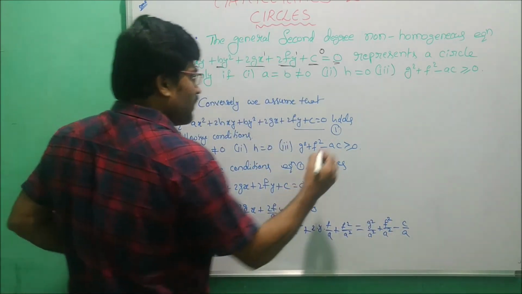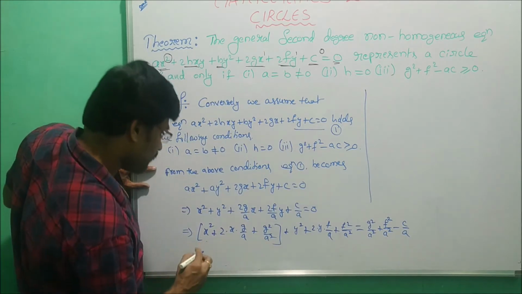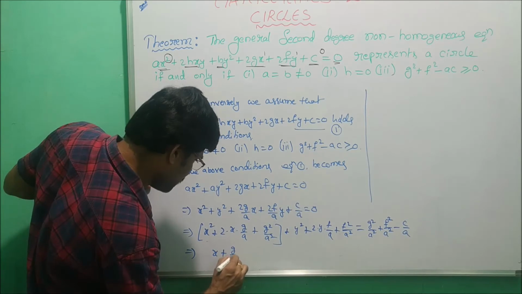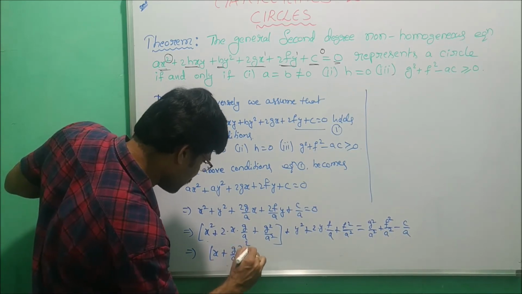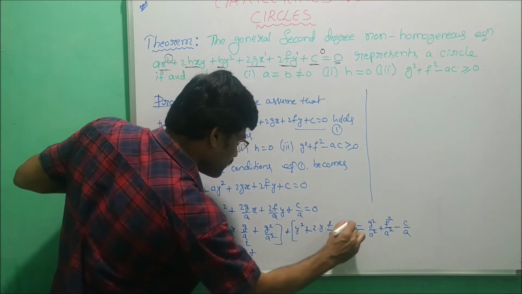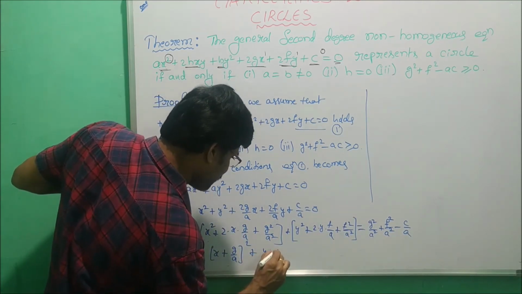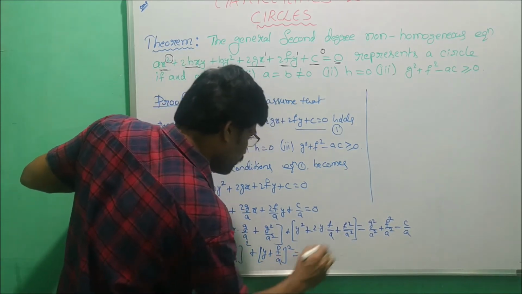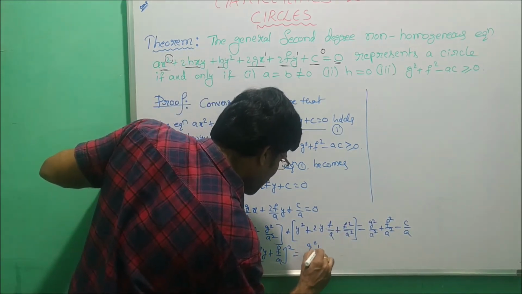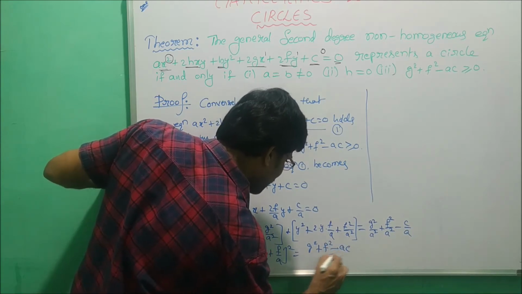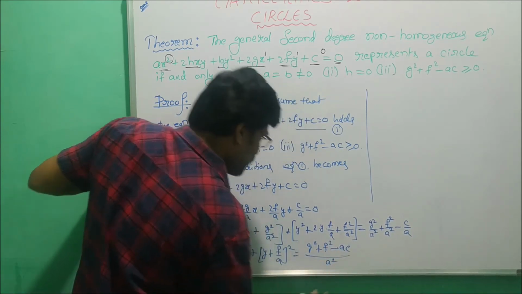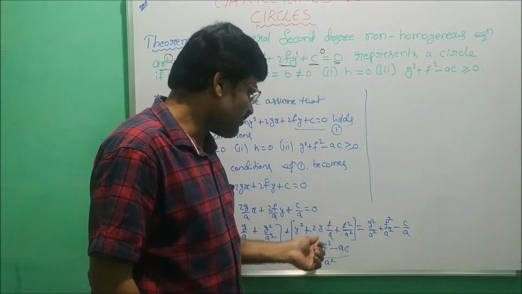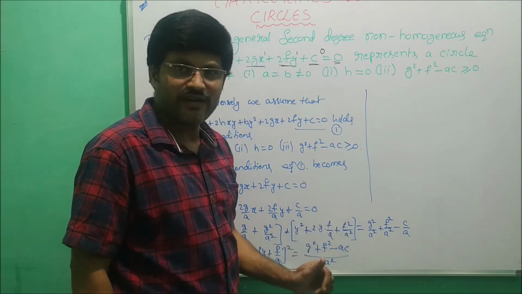Now here we observe that it can be written as x plus g by a whole square plus y plus f by a whole square, that equals g square plus f square minus ac by a square. Now we take LCM a square and simplify, then the RHS value is g square plus f square minus ac by a square.